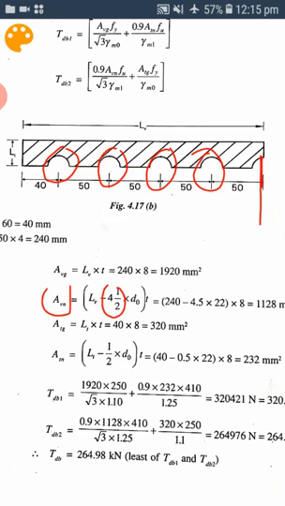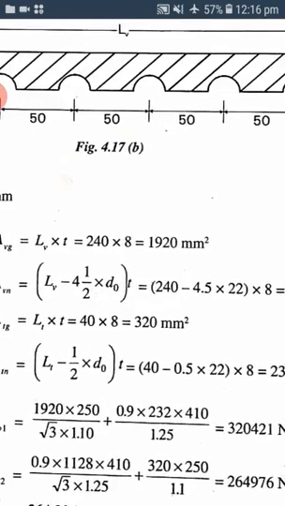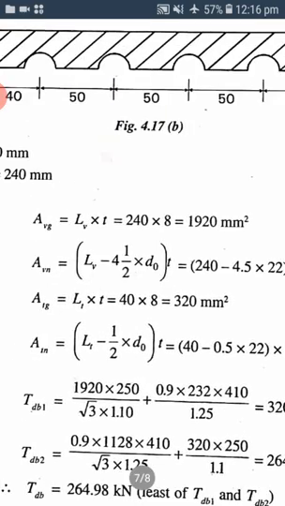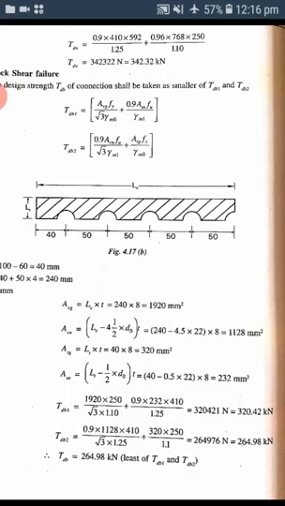I hope you understood. 1, 2, 3, 4, and here half a bolt hole has been cut. That has been taken here. So I hope you understood this AVG and AVN. This is very, very important: calculation of AVG and AVN.